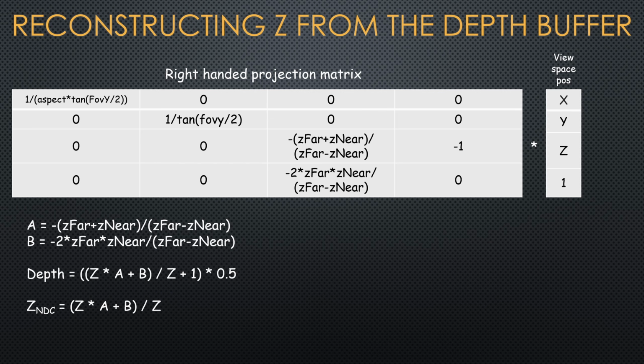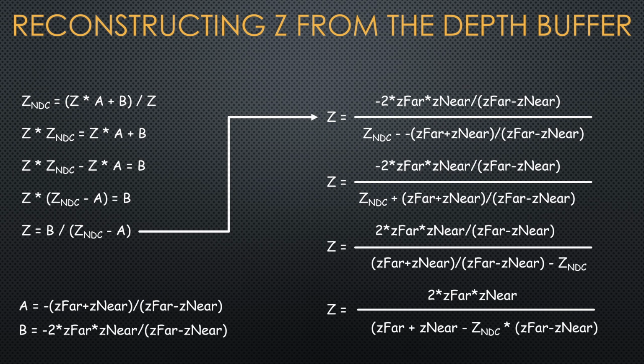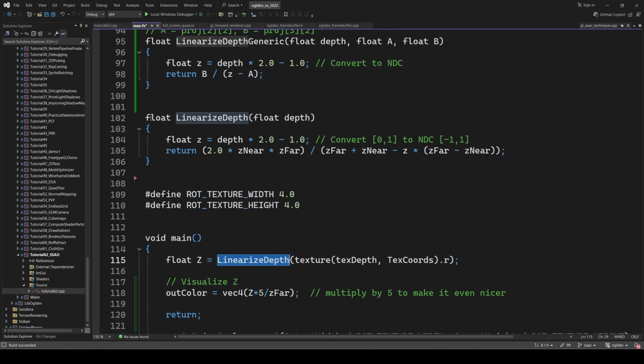To summarize, NDC Z is calculated as follows. In a series of simple steps, we can reconstruct the original Z. Take a few minutes to review these steps. Okay, so the following function does it in GLSL code.